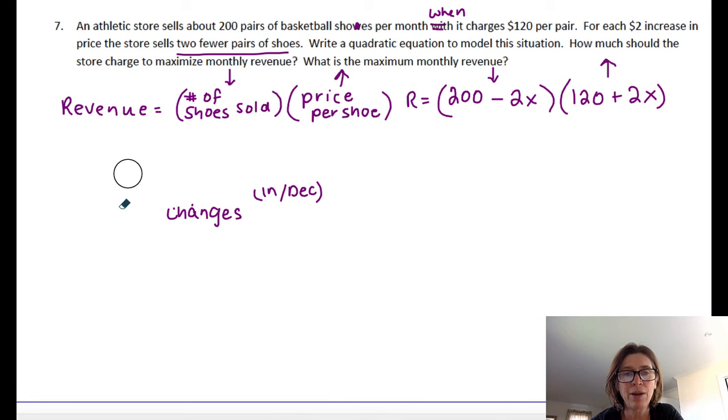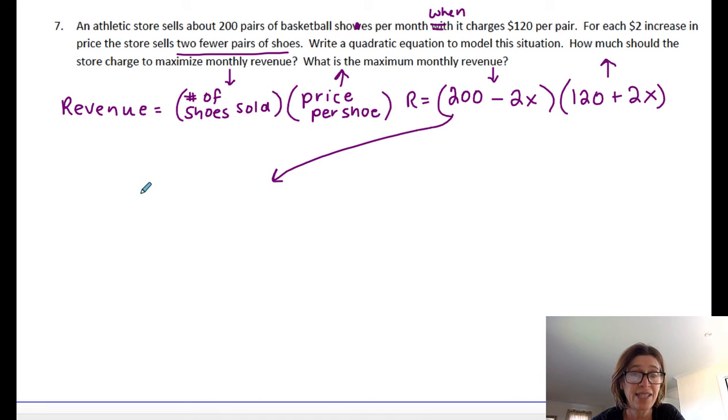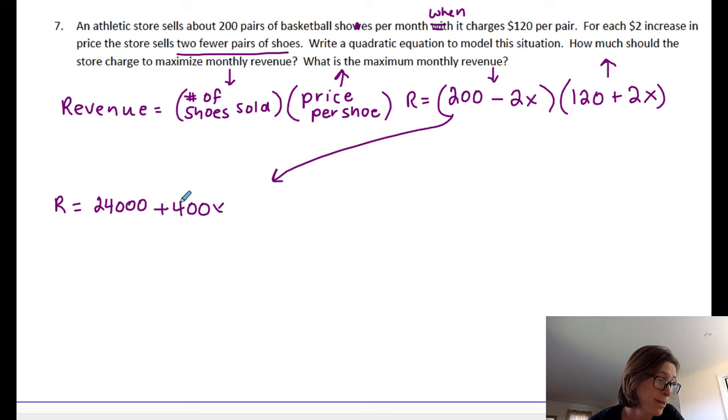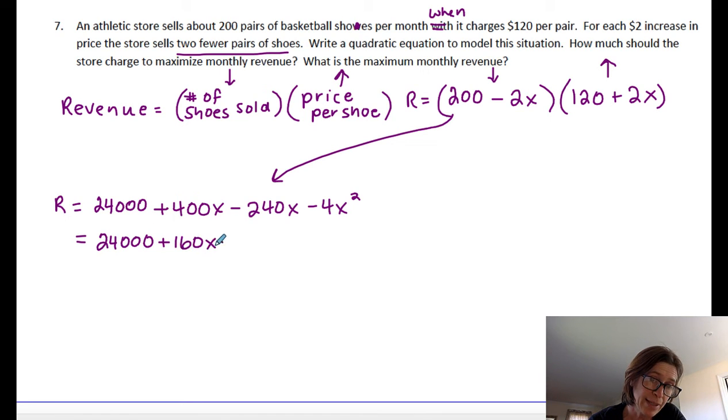All right, so I'm going to erase this, get out of the way, and I'm going to put it in standard form. So if I put this in standard form, I'm going to multiply, and I'm going to get 240,000 plus 400x minus 240x minus 4x squared, and that's going to give me 224,000 plus 160x minus 4x squared.